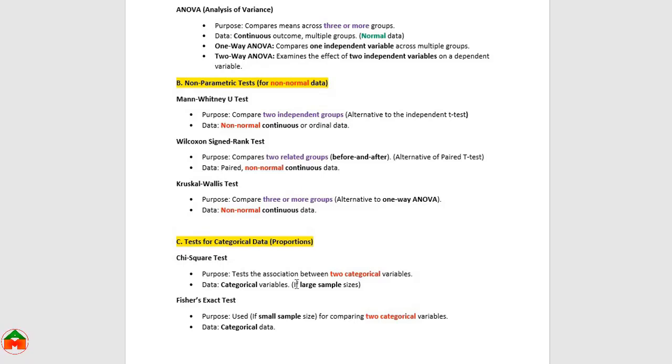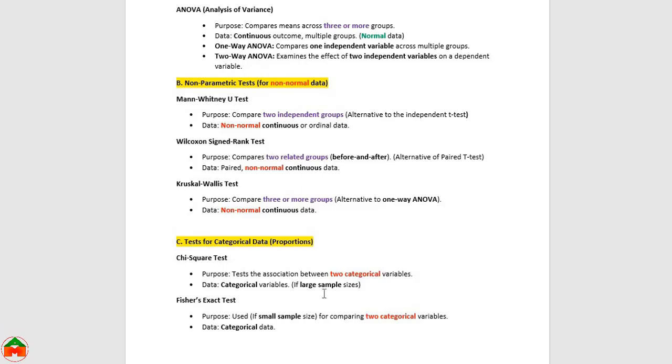But the condition is the sample size should be large. On the other hand, if the sample size is lower, then you can apply the Fisher's exact test. As for example, if you want to examine the relationship between a rare disease and a specific genetic mutation present or absent when the sample size is small, I mean maybe 10 patients or 20 patients.